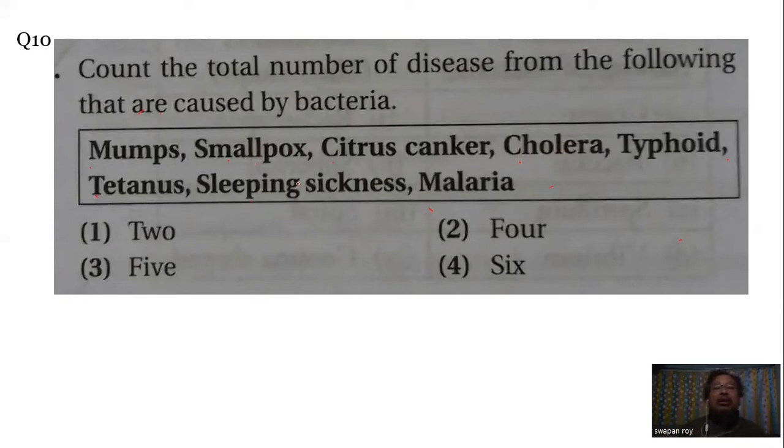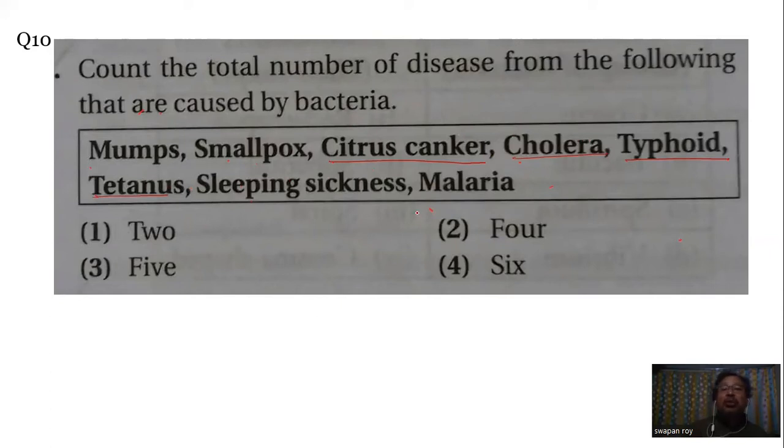Here the bacterial diseases are citrus canker, cholera, typhoid, and tetanus, and these are only four. Citrus canker is a plant disease, while cholera, typhoid, tetanus are diseases caused in human beings by bacteria.